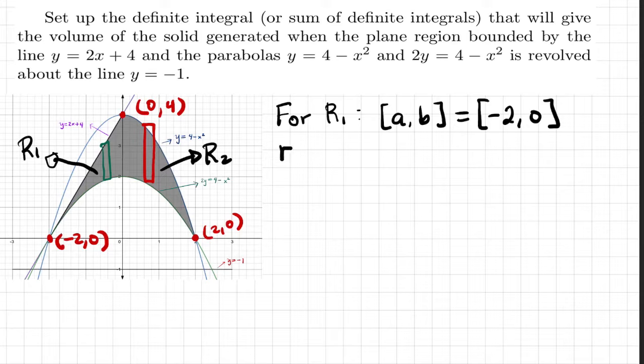What is R2? Again, R2 is the distance of the farther tip, so that is the distance of the farther tip of an arbitrary rectangle to the axis of revolution. So again, upper minus lower.